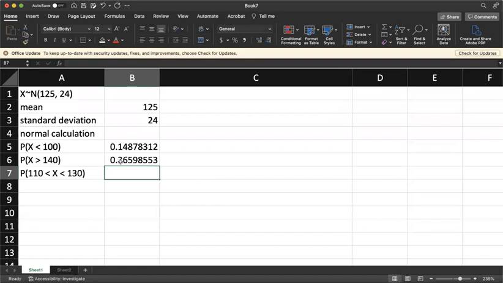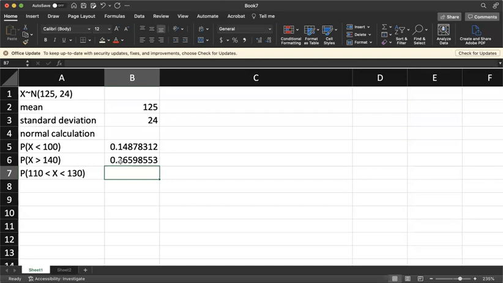There's 2 steps that need to happen. So if you think about where Excel adds up values, this one's going to be a little tricky, because if it goes up to 110, that'll give us everything less than what we want. And if we go up to 130, that gives us part of what we want, but too much because we didn't want anything before 110.